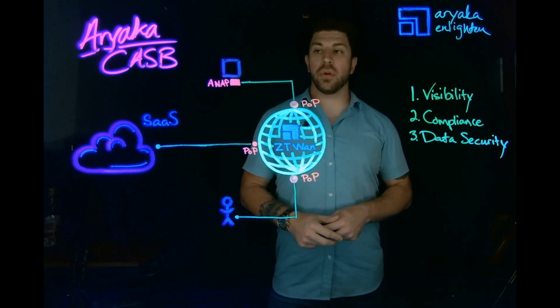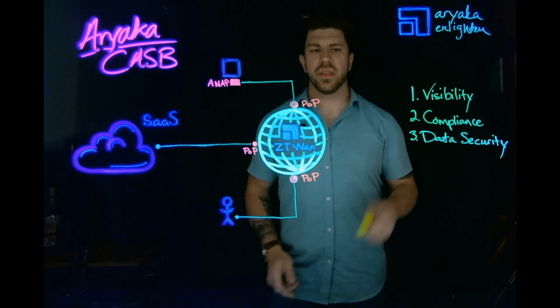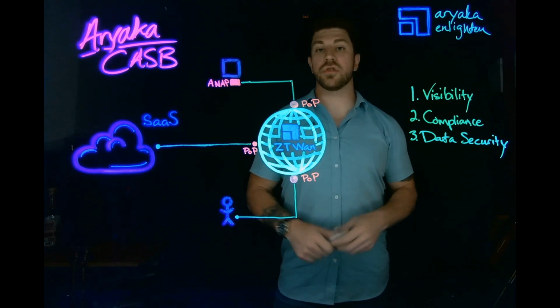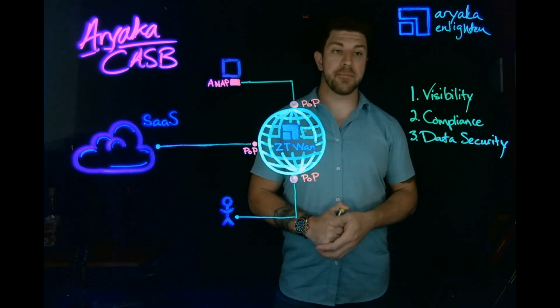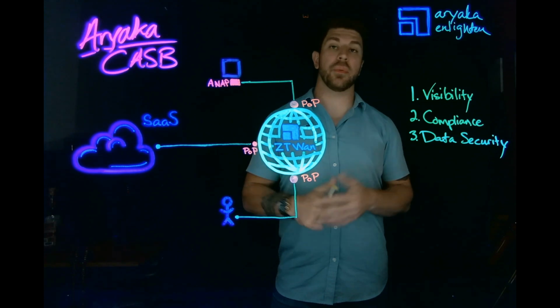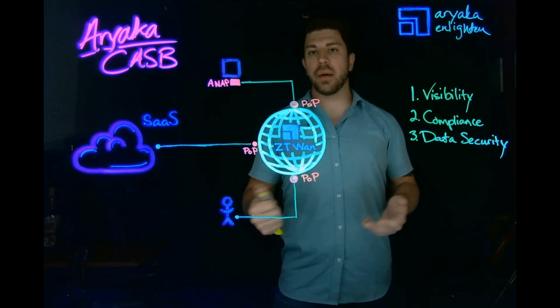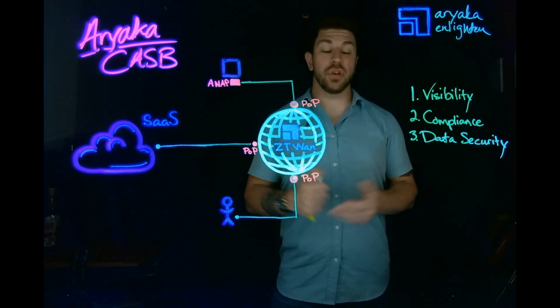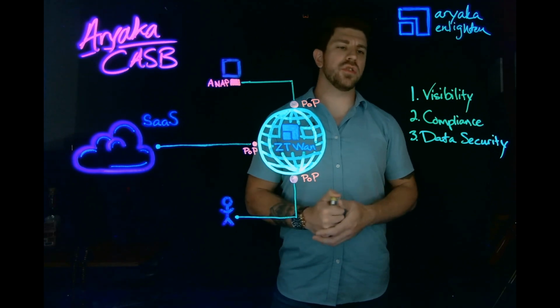Why is all of this important? Aryaka's CASB provides three distinct benefits. The first is visibility, because the truth is you can't defend against or protect against what you can't see. And when we are dealing with SaaS applications, we get into the problem of shadow IT and shadow AI. A lot of your traditional network security functions don't read into APIs.